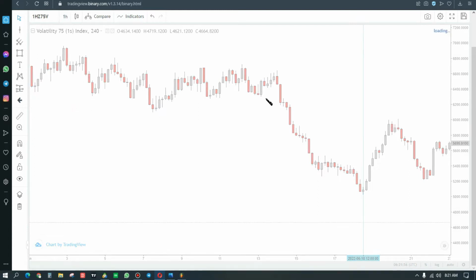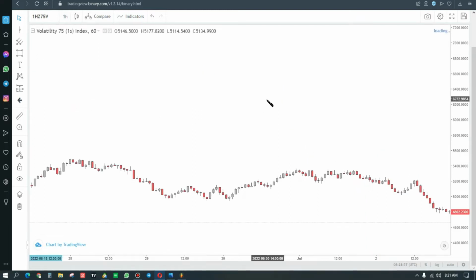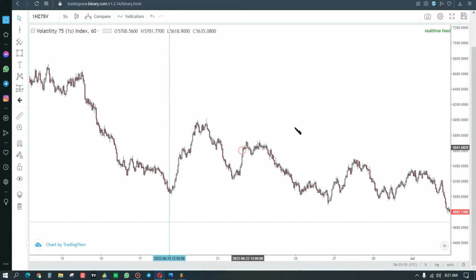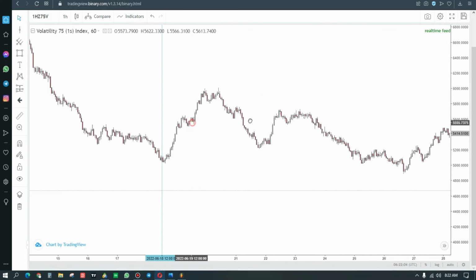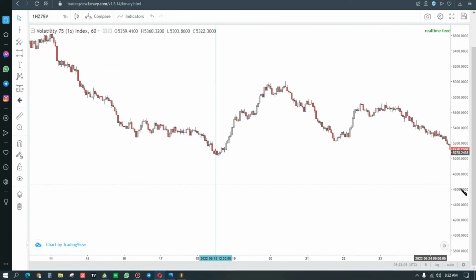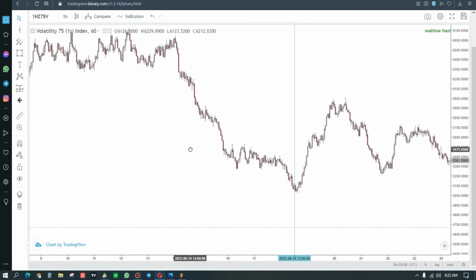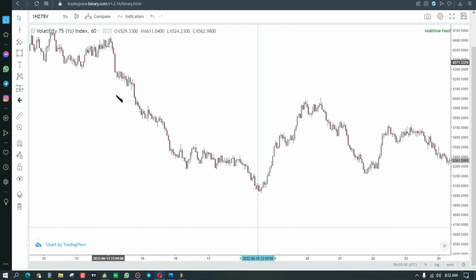So what do I see? As this market started pushing bearish, I saw the market start making this movement, like a distribution structure, and it left some imbalance here that needs to be filled.